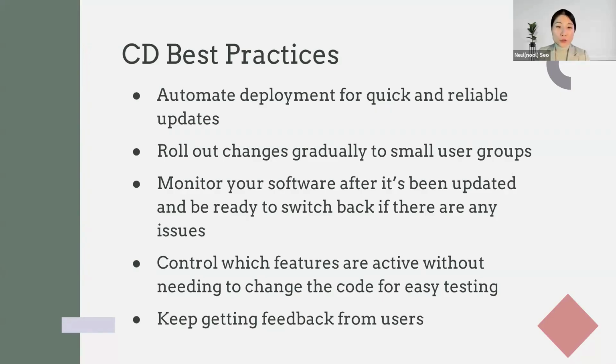Moreover, control which features are active in your software without needing to change the code, so you can test new things very easily. And don't forget to keep getting feedback from users and other people involved in the project so you can keep making improvements.